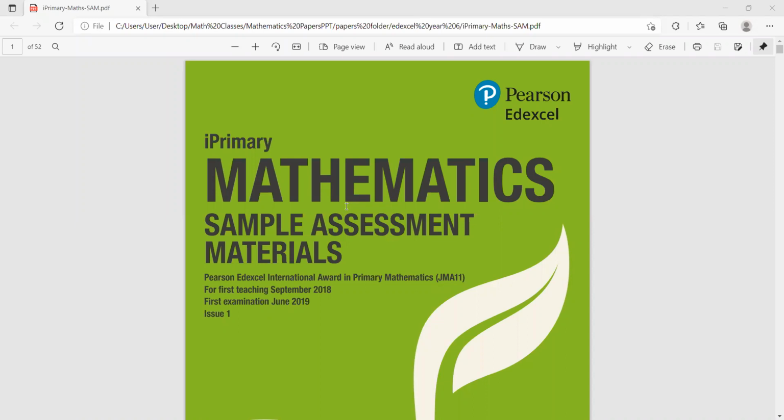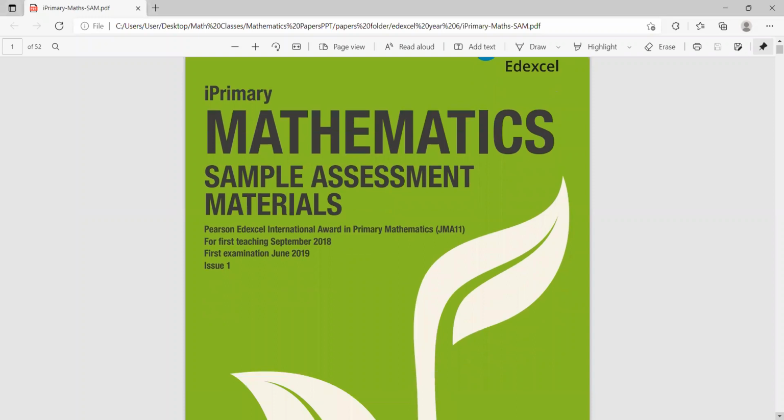Now today I'm going to discuss one sample assessment material that we are using for the primary Edexcel.